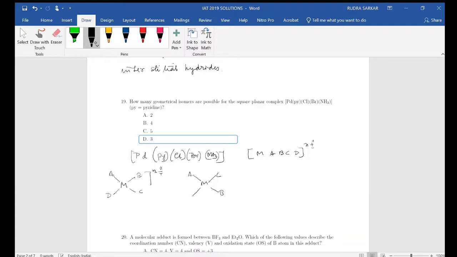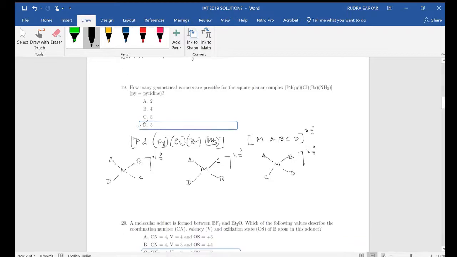So in respect to A, B is trans. Again we have plus minus 0. The other one we will say opposite to A, we can now keep D. Doesn't matter where you put B or C. So that way now we can see there are possibility of 3 such geometrical isomers, and our answer over here is going to be option 3.